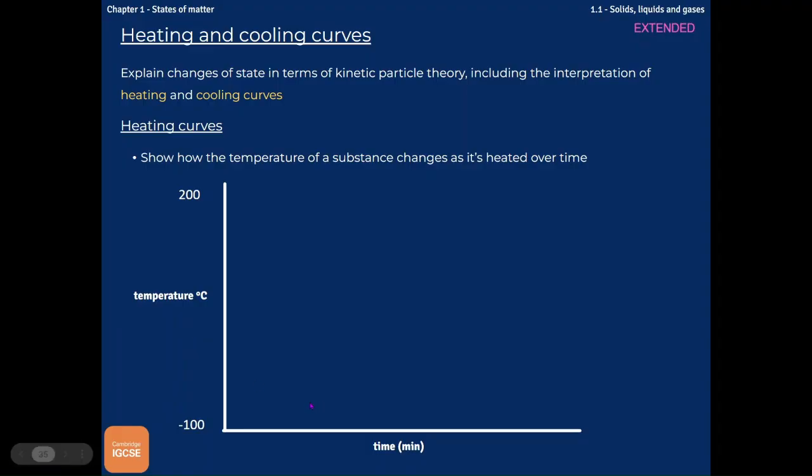We're going to add temperature over time, so the temperature should be going up in some way, right? We're heating up the water. We're starting at negative 100 degrees Celsius, and we're going to end at 200 degrees Celsius. So your first clue, right, is this is our starting point down here, and our ending point will be up here. What do you think this heating curve will look like? What will happen as we add temperature over time?